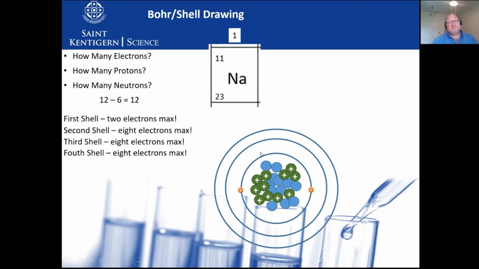It's full. The sports car goes away. Here comes the bus. We can put 8 in it because 2 plus 8 is 10, and then we need one more. So 1, 2, 3, 4, 5, 6, 7, 8. And 2 plus 8 is 10 plus 1. And that is how you draw sodium.